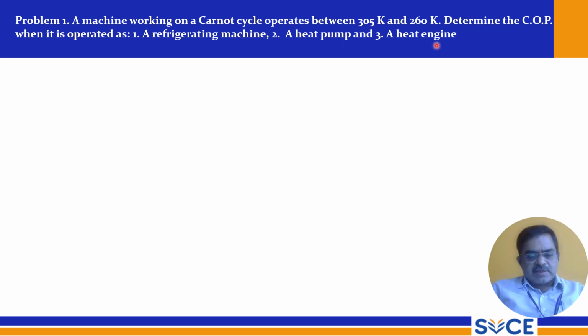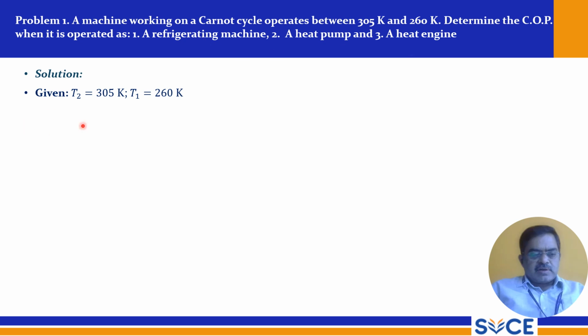We have seen in the earlier session the relationship of COP between all these three, and I suppose all of you could have remembered the relation and apply that. It is a very simple problem. It is a 5 mark question only.